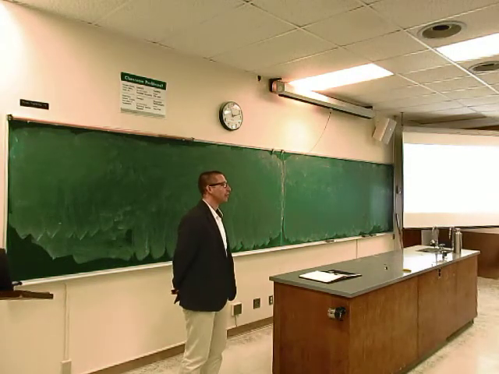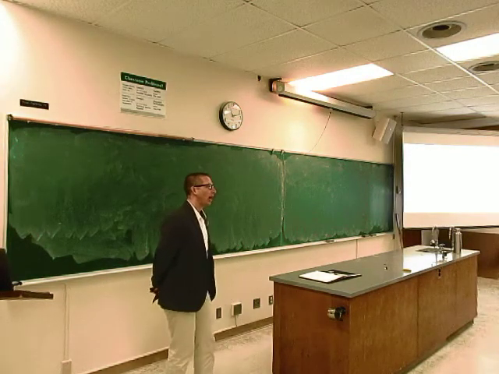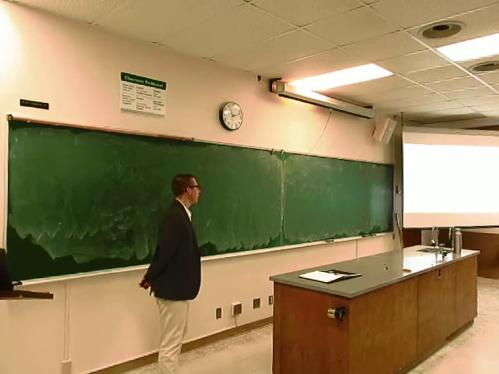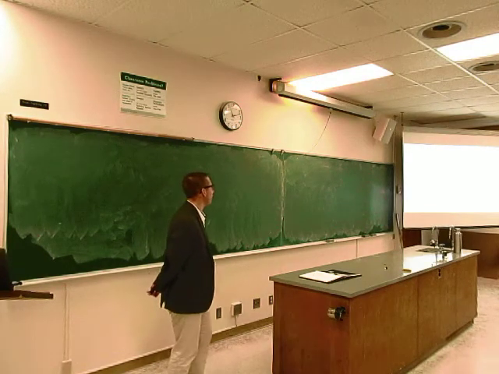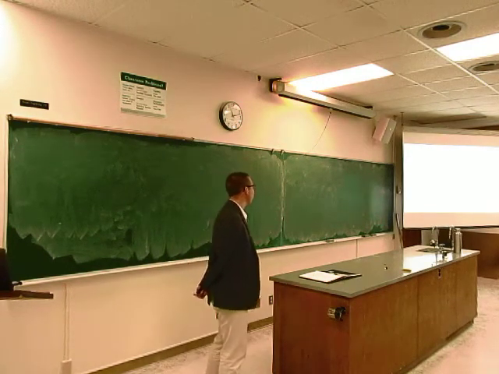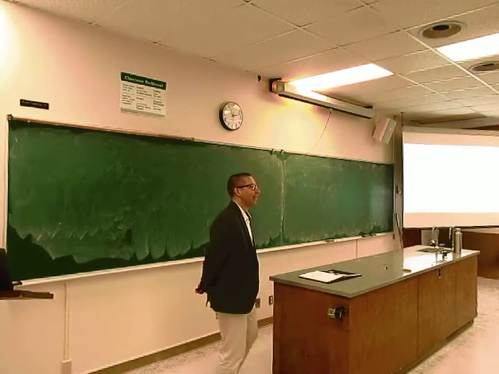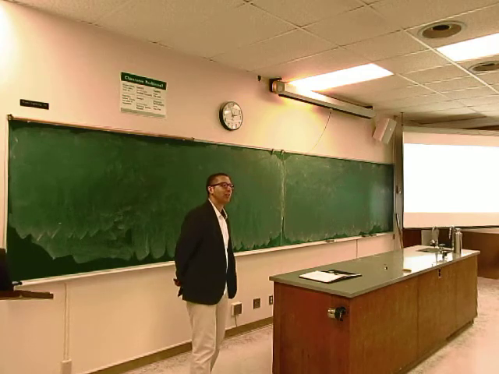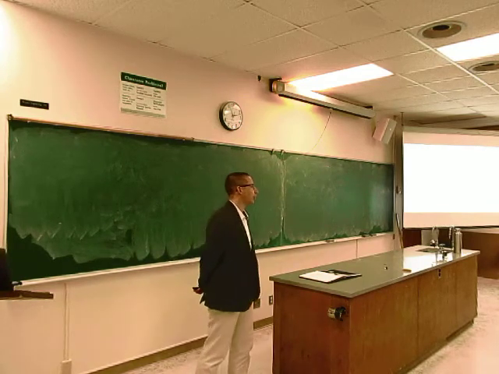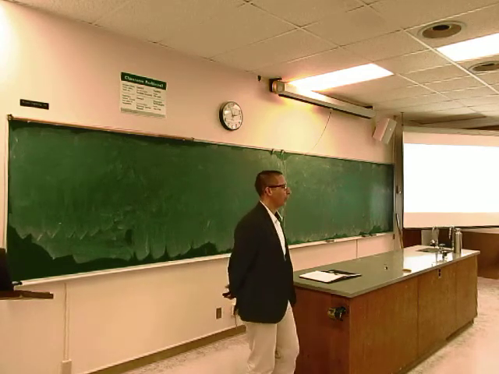So that cube is centered on the plane. I want you to calculate the total amount of electric flux through that cube. I'll give you a short amount of time to think individually here, and then in a moment I'll ask you to show your vote.